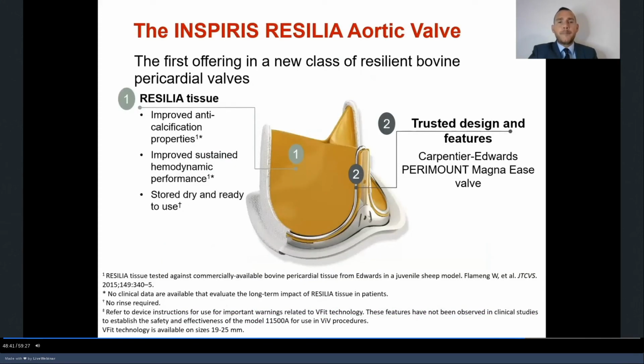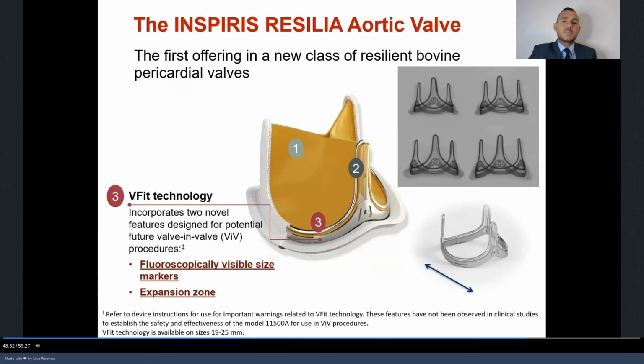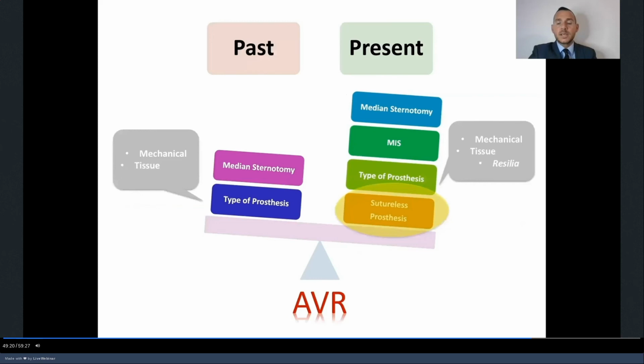Apart from the specific tissue and the structure of the stent, that is basically a Perimount Magna valve, an important aspect is the VFit technology, with basically a flexible stent and an expansion zone, which makes this valve very good for potential future valve-in-valve, allowing a significantly bigger TAVI valve in comparison to the current prostheses with the same diameter.